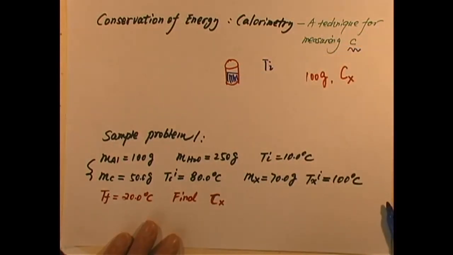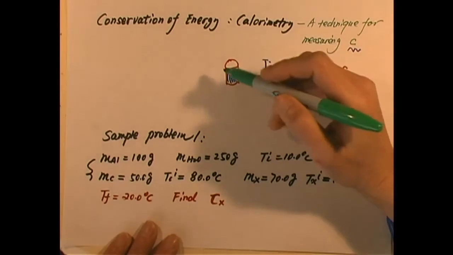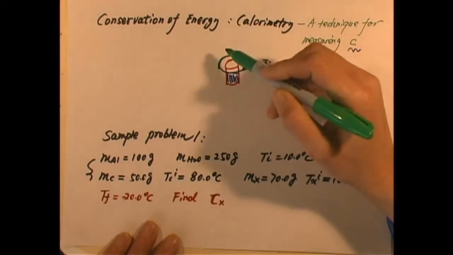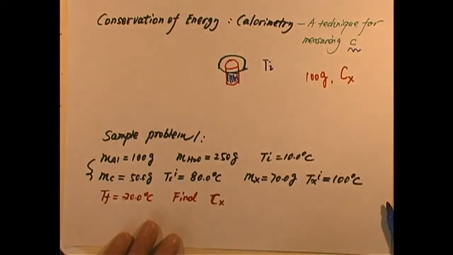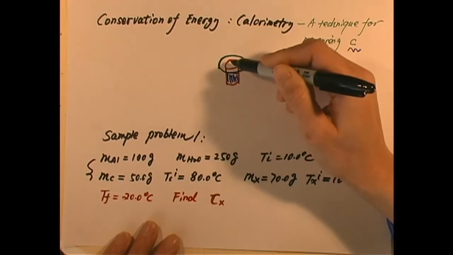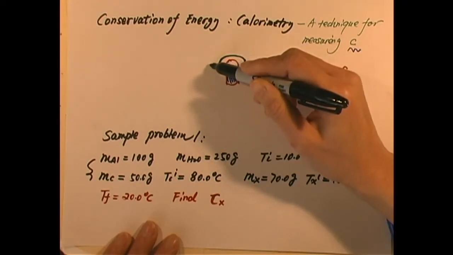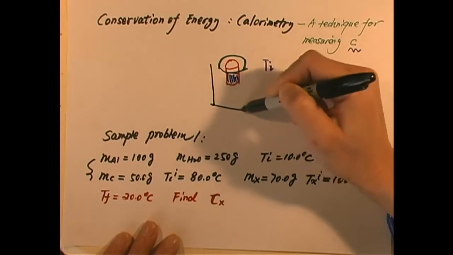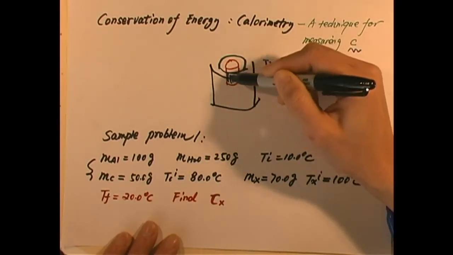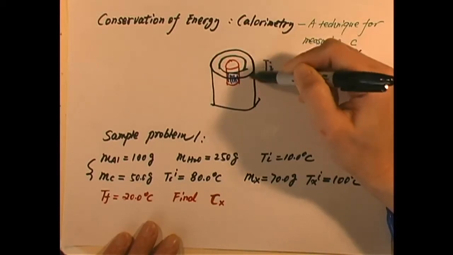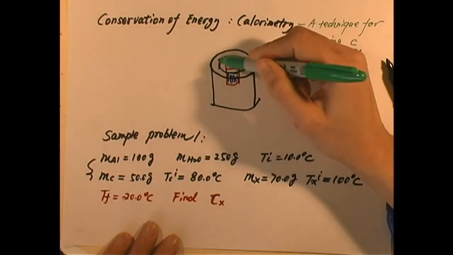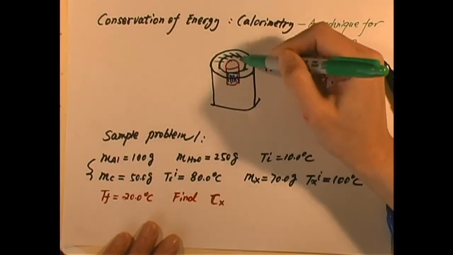Then we place this aluminum cup on the rubber ring, and this rubber ring will insulate this small aluminum container from the outside container. So this is the outside container, and between the inner and outer container we have the rubber ring.